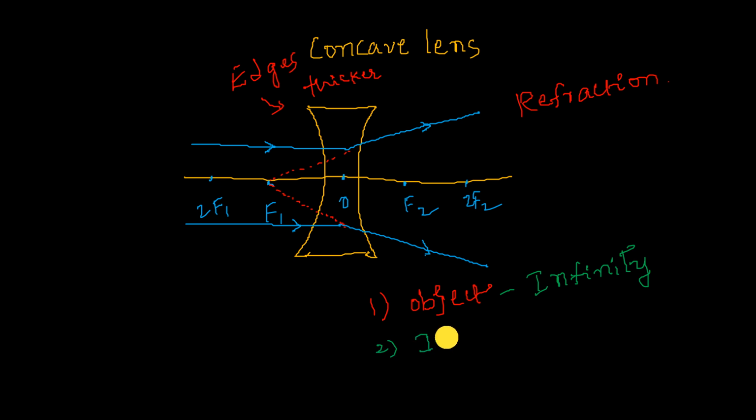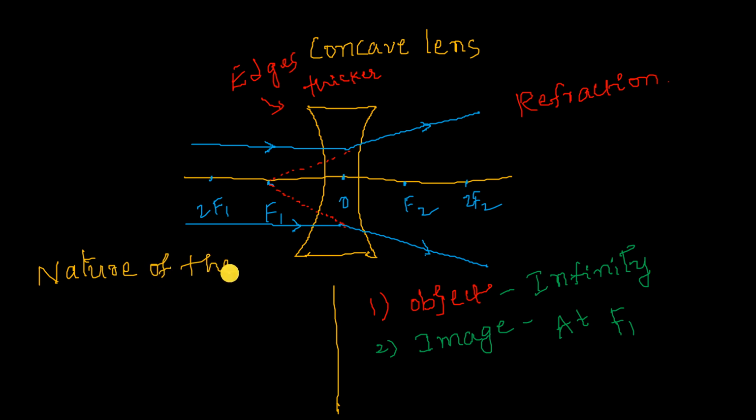So where is the image forming? The image is at F1. What is the nature of the image? Here it is virtual and erect.